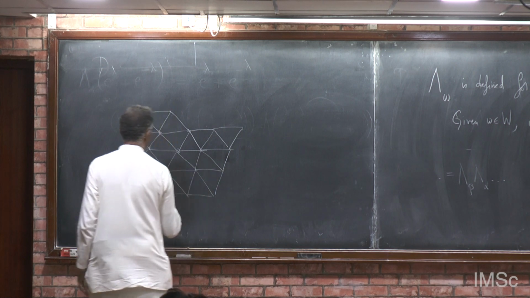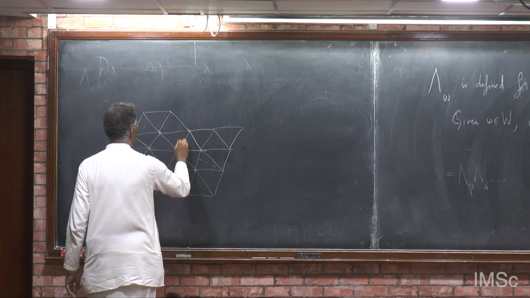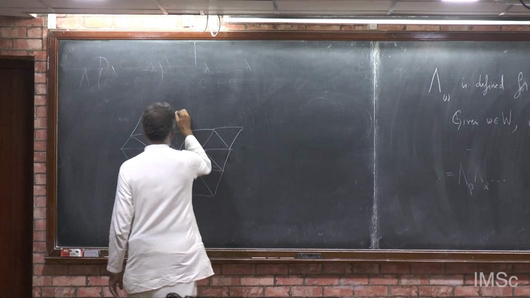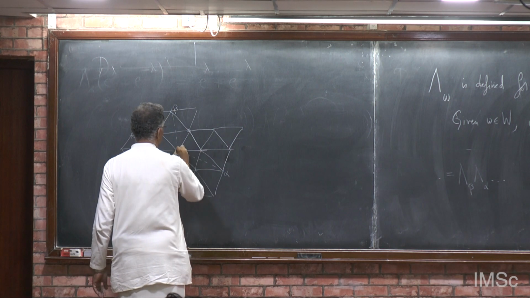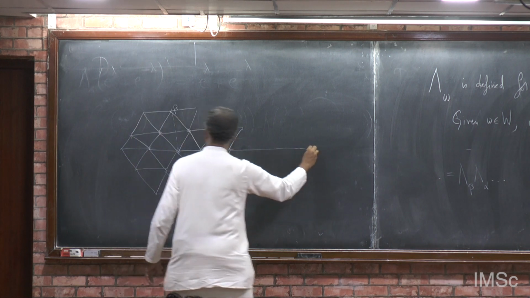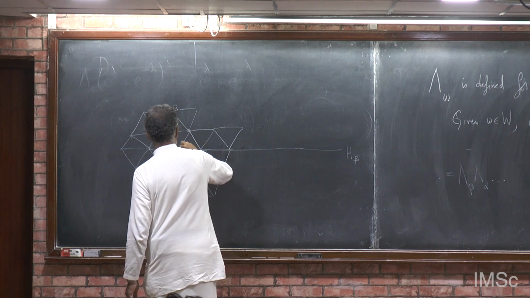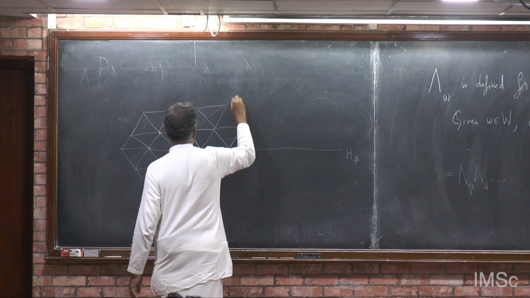So this is our standard picture, epsilon 1, this is alpha, this is beta, this is alpha. So this is H beta, and this is H alpha.